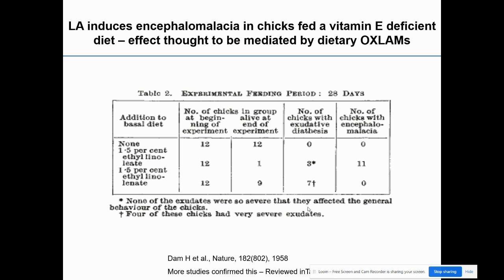They hypothesized, and some papers showed later, that this was due to the auto-oxidation of LA in the diet. So, like I said earlier, LA can make OXLAMs by non-enzymatic oxidation, just like when you fry with oil. In chickens, when this happens, it actually causes brain problems and neurological problems.